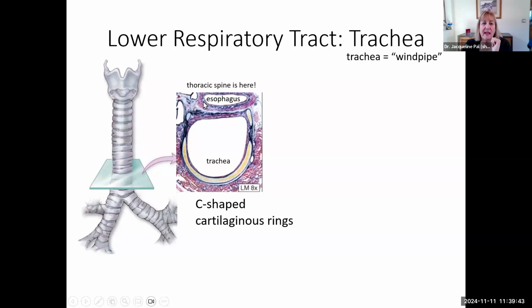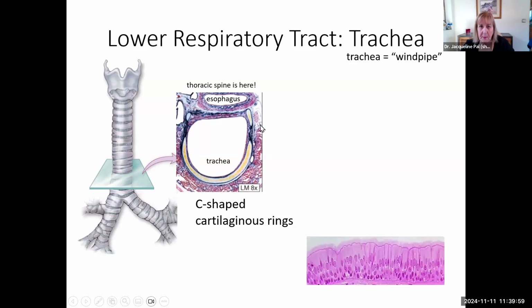So the esophagus has to open up and take some of the space that is the trachea. And if the trachea had a complete circle for a cartilaginous ring, it wouldn't be able to do that. So that's why it's just a C-shaped piece of cartilaginous ring.